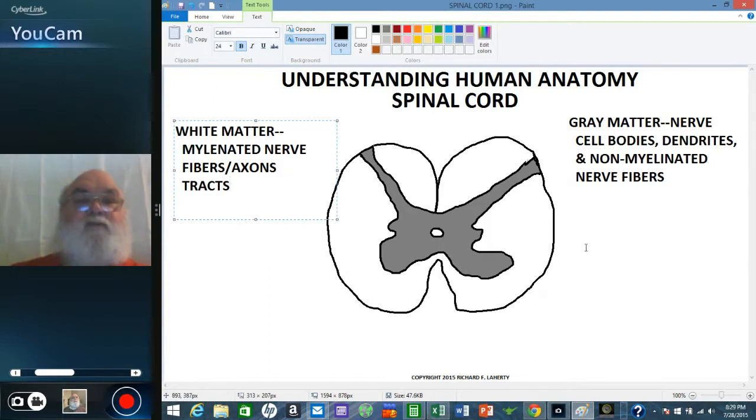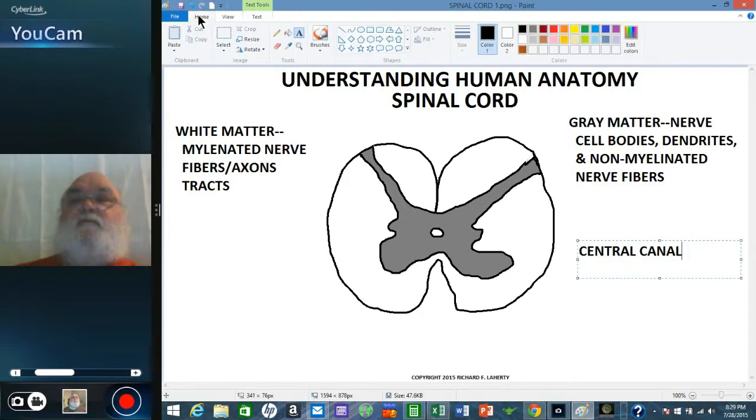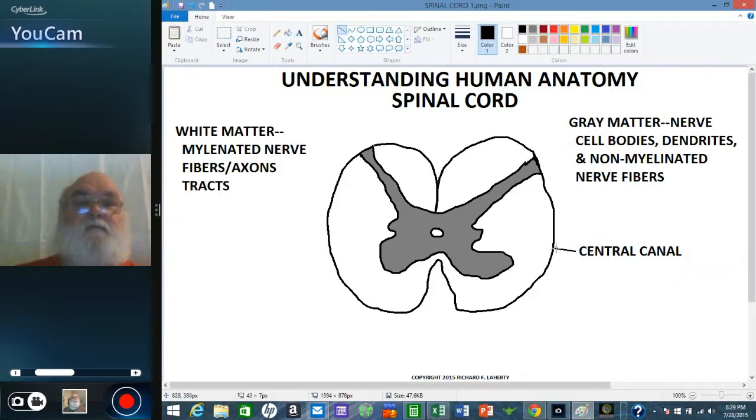Now, one last structure on this view is the central canal. The central canal is in the middle of the gray matter. And it is filled with fluid, cerebrospinal fluid, but it's a reminder of how the nervous system developed.